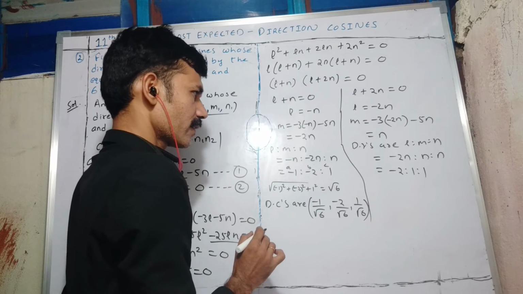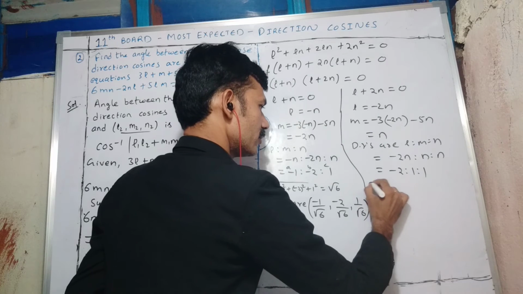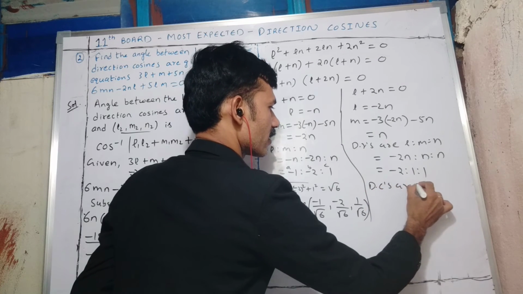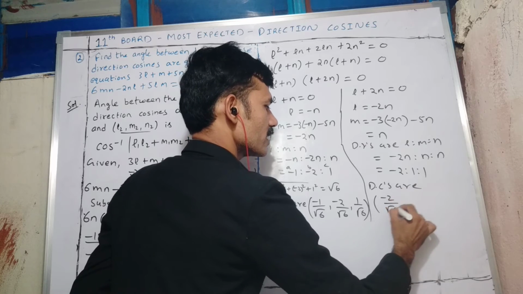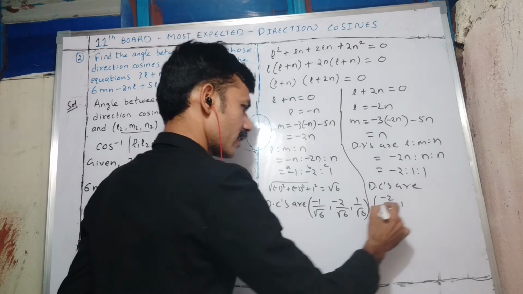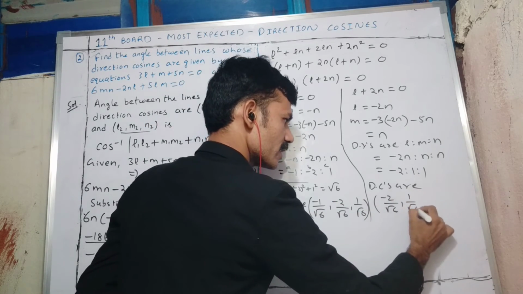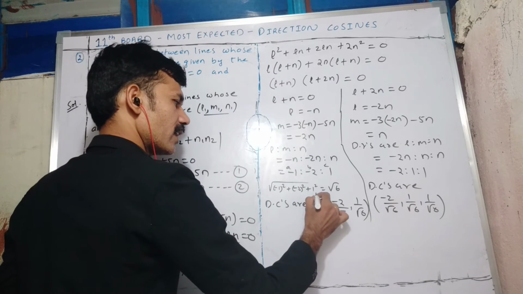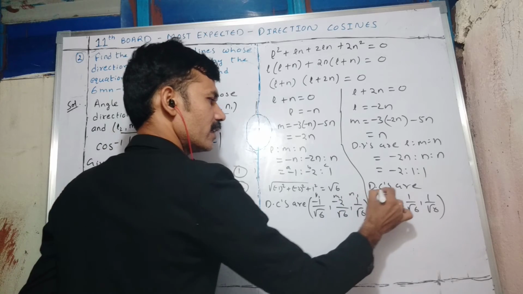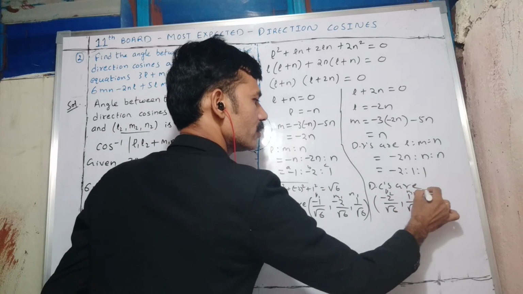The direction cosines are minus 2 upon root 6, 1 upon root 6, and 1 upon root 6. So we got l1, m1, n1, l2, m2, n2.